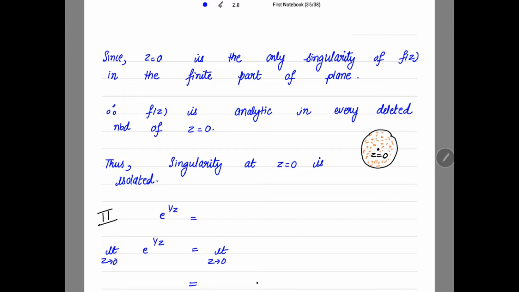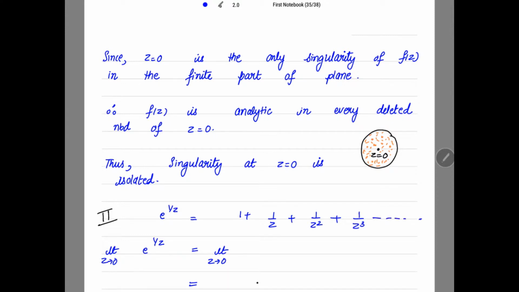Now the other way to prove this is e to the power 1 by z is equal to 1 plus 1 by z plus 1 over z square plus 1 over z cube and so on.